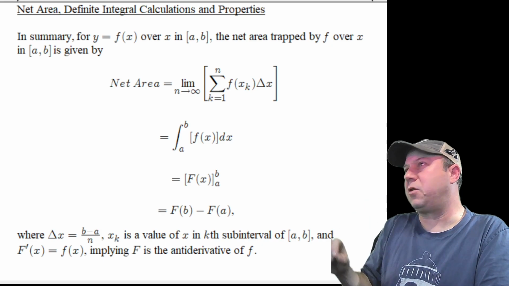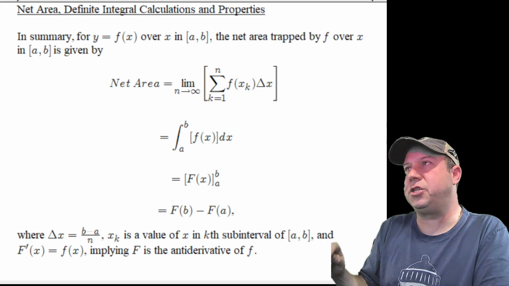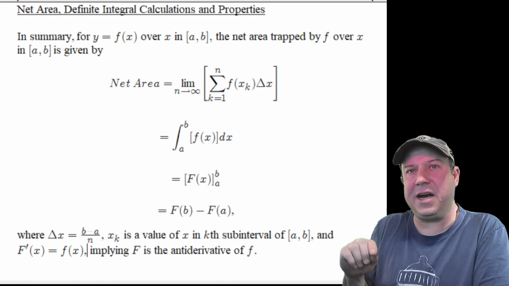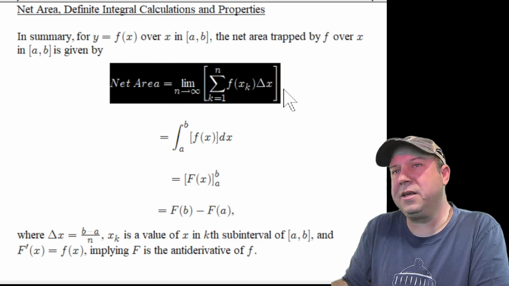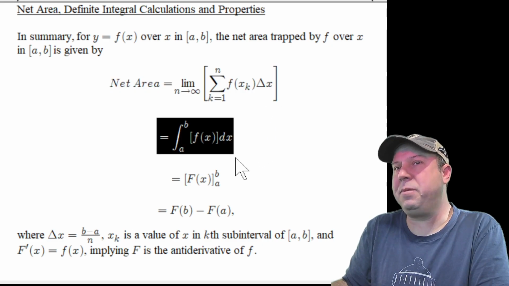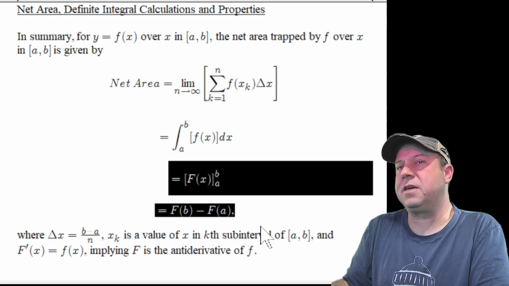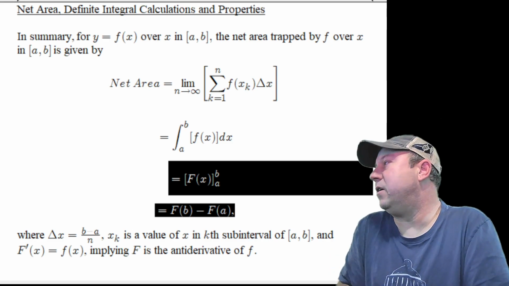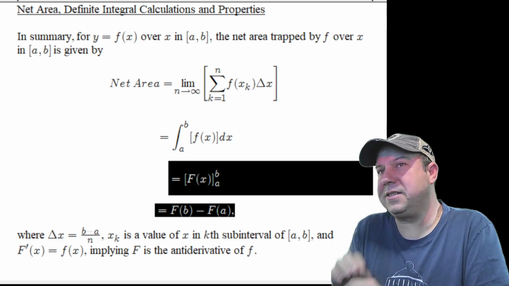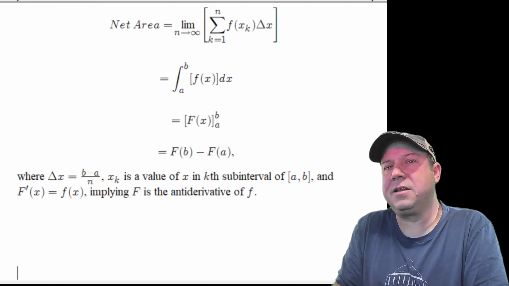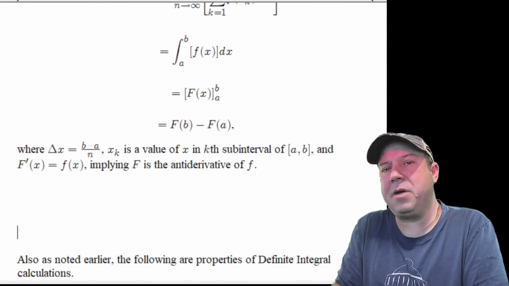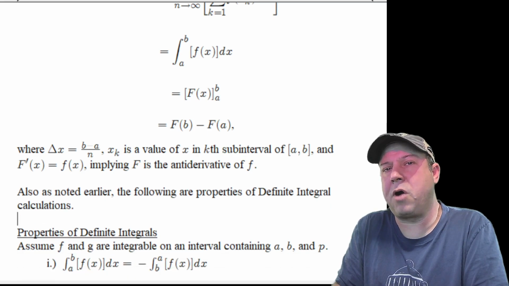We developed over the last few sections of our study this idea of net area being this limit of the Riemann sum and being this definite integral that can be calculated with our antiderivative, as seen here. But I want to practice that a little bit more. At the same time, I also want to take note of some useful properties.